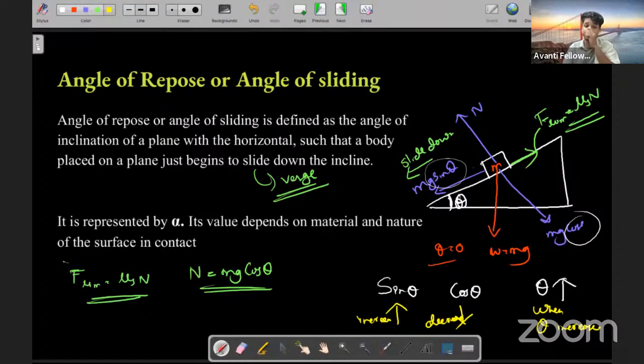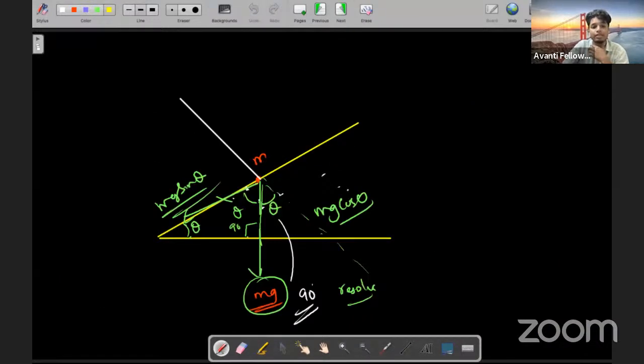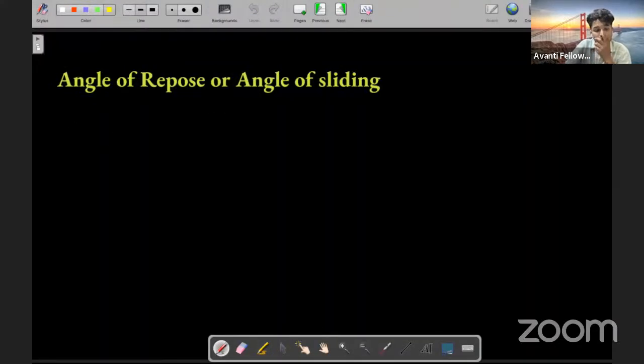Now, as I said, students, I will increase the theta and there will be an angle, that angle of repose, where the body will just start to slide. So I will call it alpha. So can I say students, this angle theta, that is the inclination angle, to be alpha?